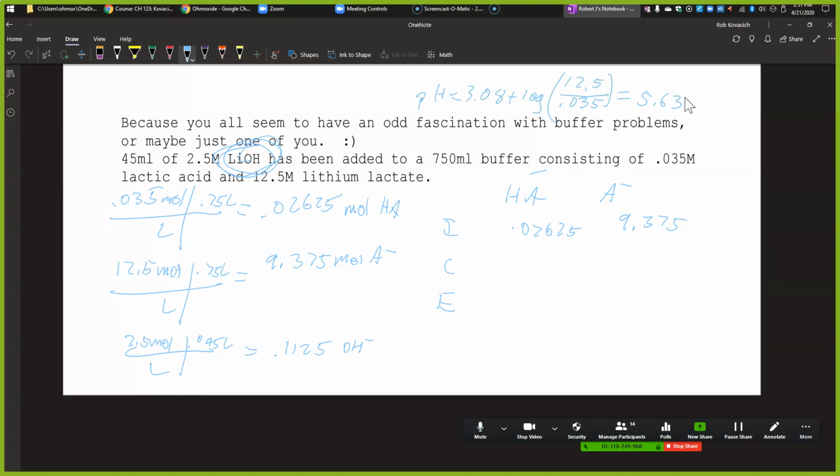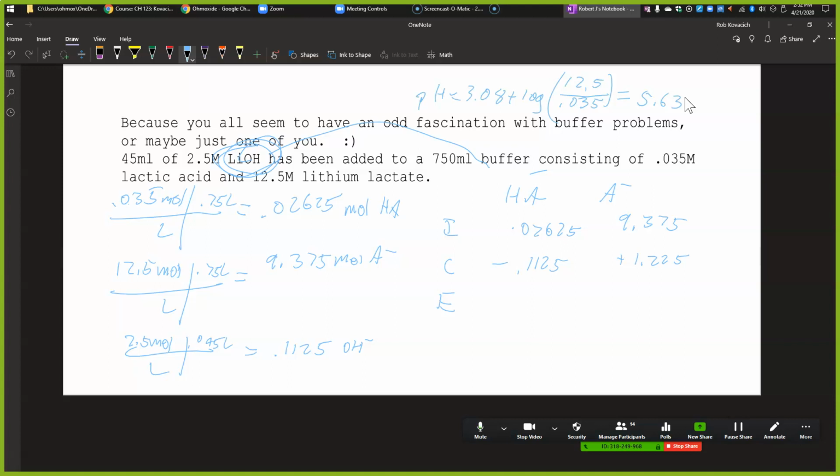The acid. So I'm going to lose this, and I've got 0.1125 here. And over here I've got plus 0.1125. But what's the problem? The HA is going to turn out to be negative. You can't take the negative log of a negative number, otherwise it's imaginary.